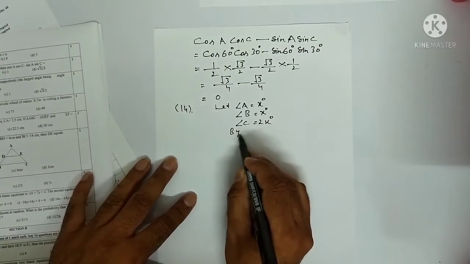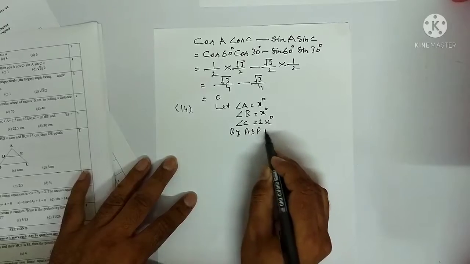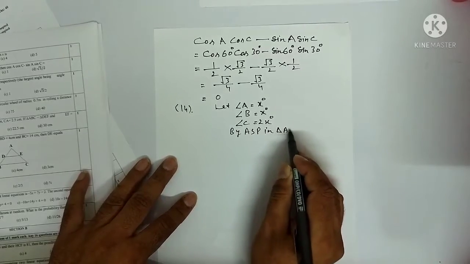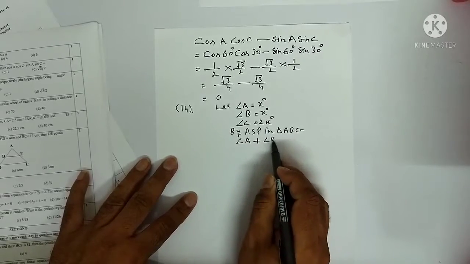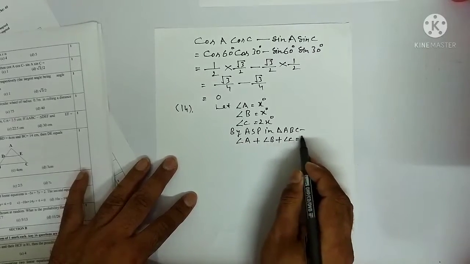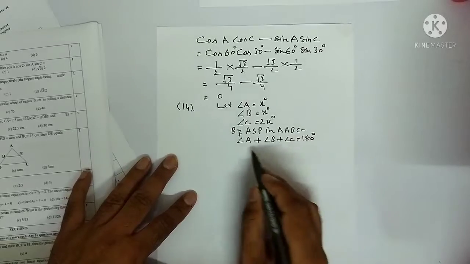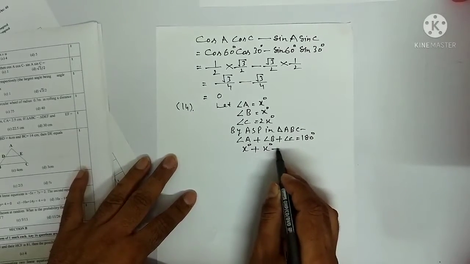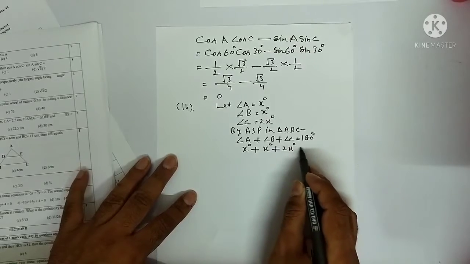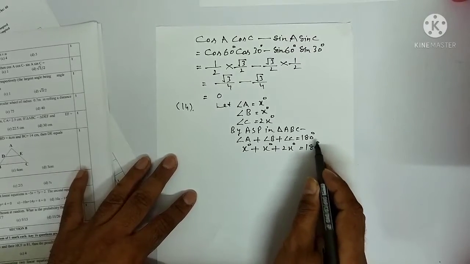Now by the angle sum property in triangle ABC: what is the angle sum property? Angle A plus angle B plus angle C is equal to 180 degree. So here angle A is x degree plus B is also x degree and C is 2x degree, equal to 180 degree.